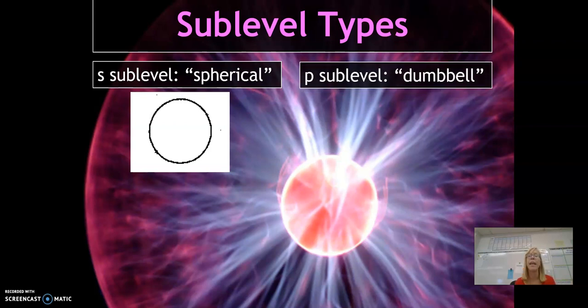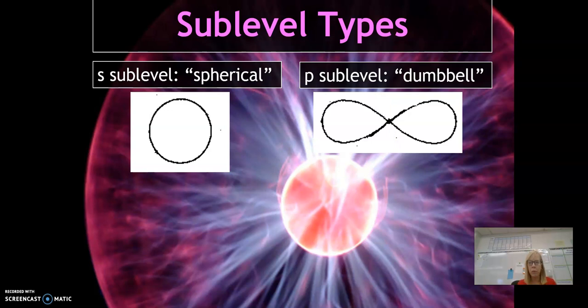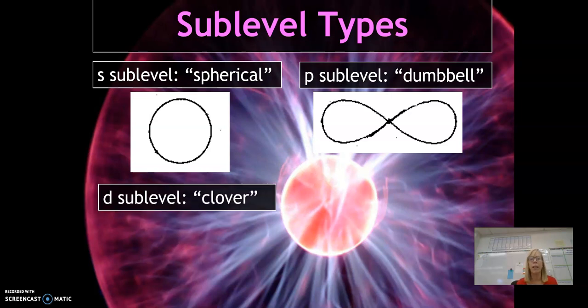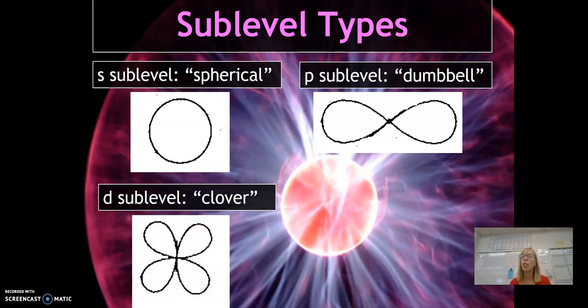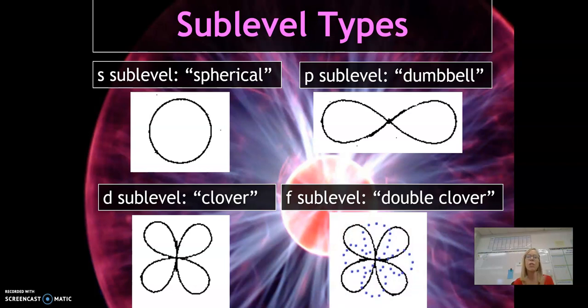A p sublevel is shaped kind of like a dumbbell or a sideways figure 8. A d sublevel is like a clover, and an f sublevel is a double clover. Just sketch those images in your notes.